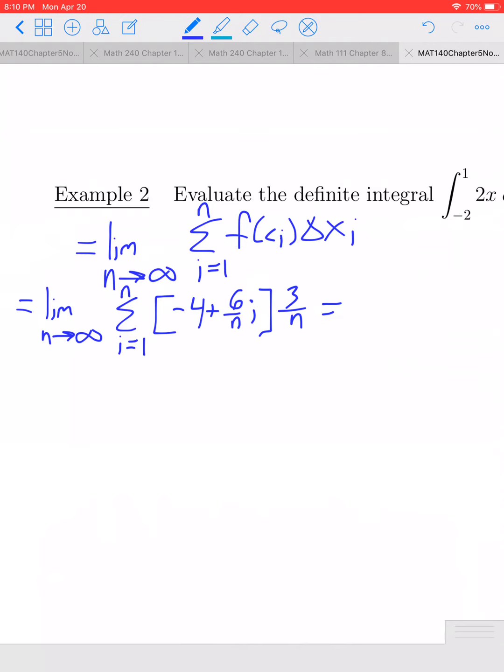This is equal to the limit as n approaches infinity of the sum from i equals 1 to n of negative 12 over n plus 18 over n squared i.